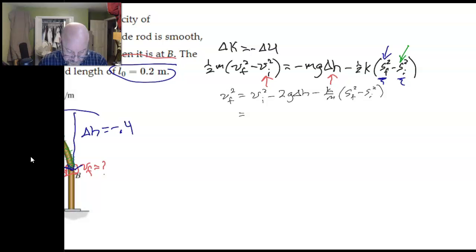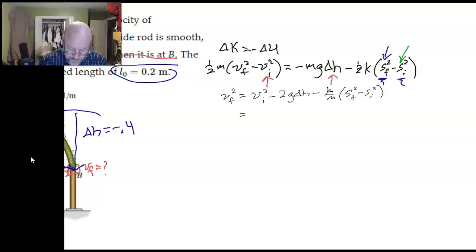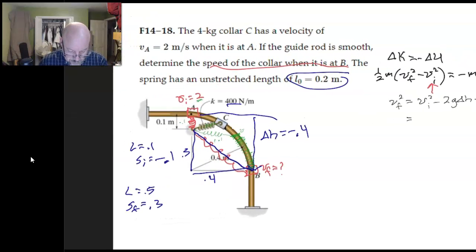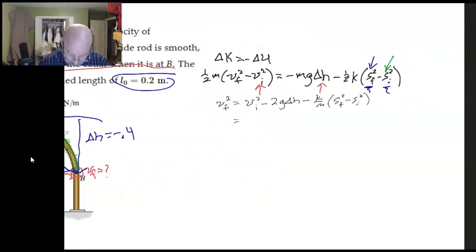Now we'll put in some numbers on this thing. My initial speed was 2 meters per second, I think. So I've got 2 meters per second squared, minus 2 times 9.81 meters per second squared, h is minus 0.4 meters.